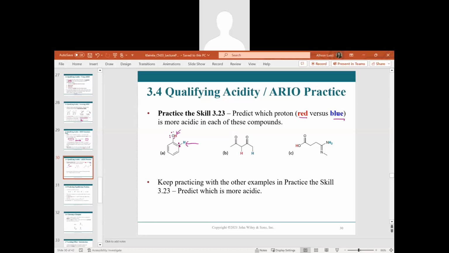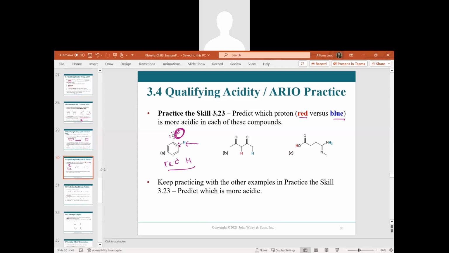So based on what we just looked at, if we remove the red proton, we would see a much more stable resonance structure, a much more stable conjugate base, and oxygen is just in general able to hold that negative charge better because it's more electronegative than a carbon atom. So the red hydrogen wins here as far as being more acidic.